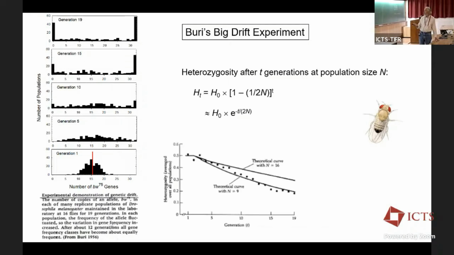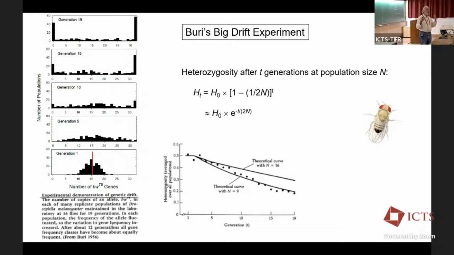But then when you plot the data, you see that it sort of looks like that, but it's not exactly like that. So this is the theoretical expectation if you plug in 16 for n. There are 8 males and 8 females always drawn, but the heterozygosity on average is decaying more rapidly than expected according to theory. And to make the theory fit, you have to use an n of 9.